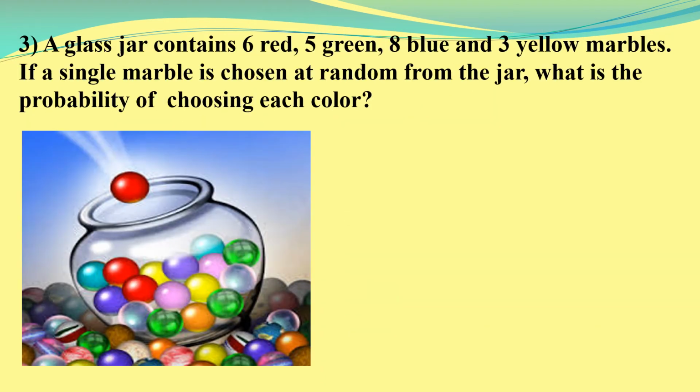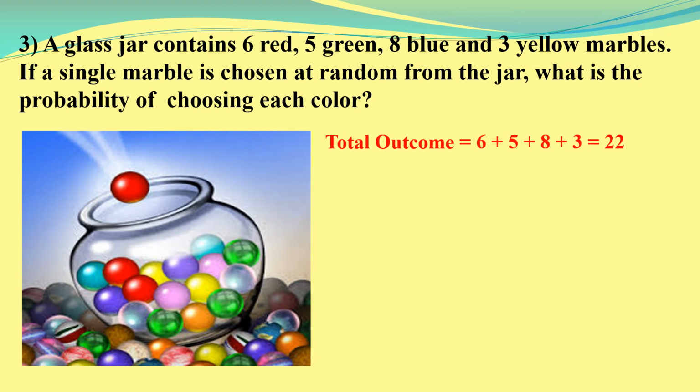A glass jar contains 6 red, 5 green, 8 blue, and 3 yellow marbles. If a single marble is chosen at random from the jar, what is the probability of choosing each color? The total number of outcomes is 6 plus 5 plus 8 plus 3 equals 22.